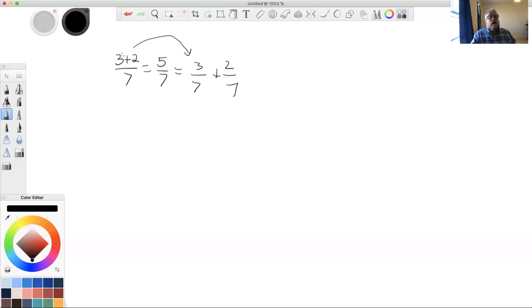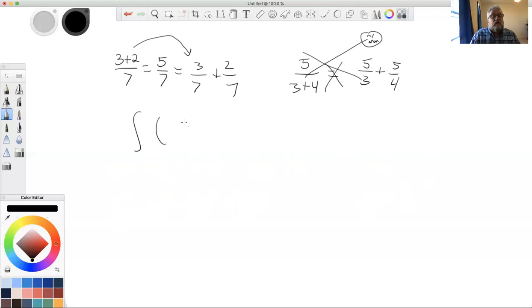If they have the same denominator, I can separate the numerator into 2 separate fractions. I can do that anytime I want. You cannot, if it was 5 over 3 plus 4, you cannot write it as 5 over 3 plus 5 over 4. You cannot split up the denominator. You can only split up the numerator.